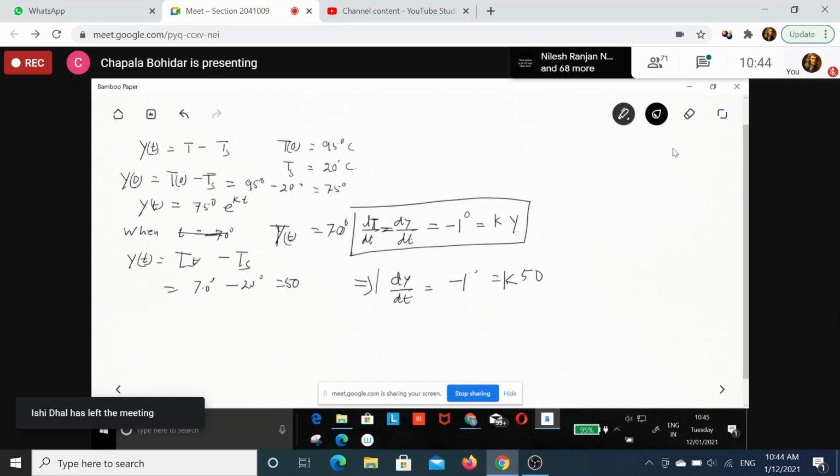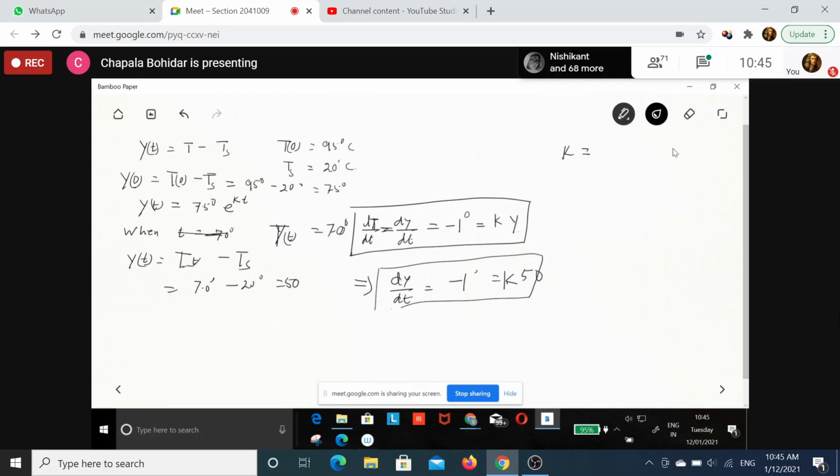It is clear to all of you? So the value of k is equal to minus 1 by 50. All of you clear? How I am getting the value of k?